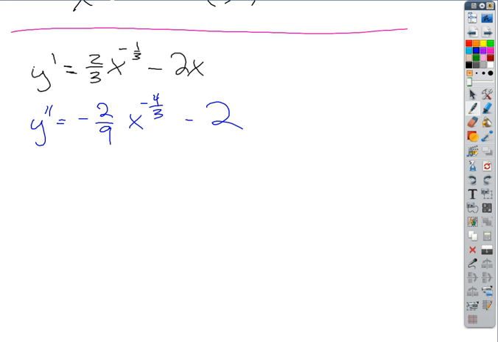Where is the second derivative undefined? x is 0. I've got an x on the bottom, and the bottom is going to be 0 when x is 0. That's what's going to make that denominator 0.